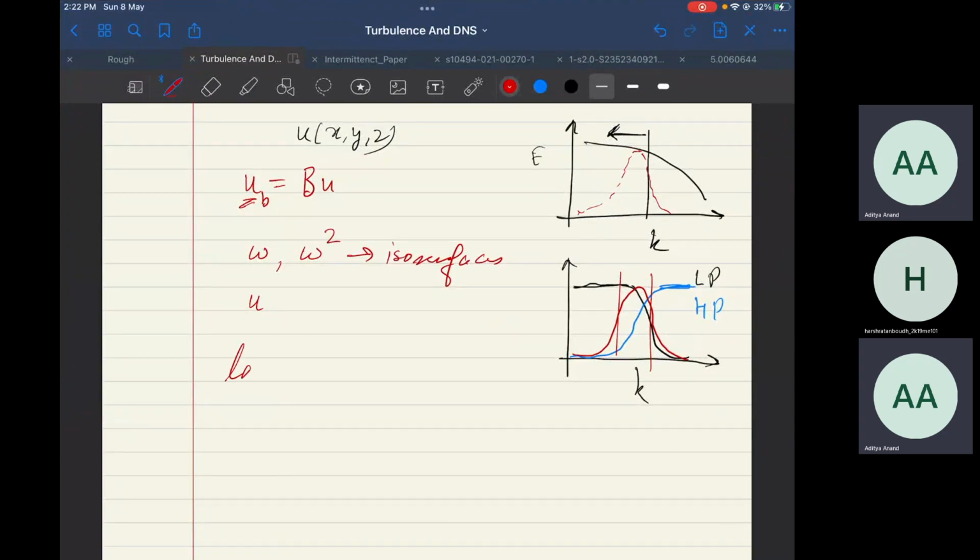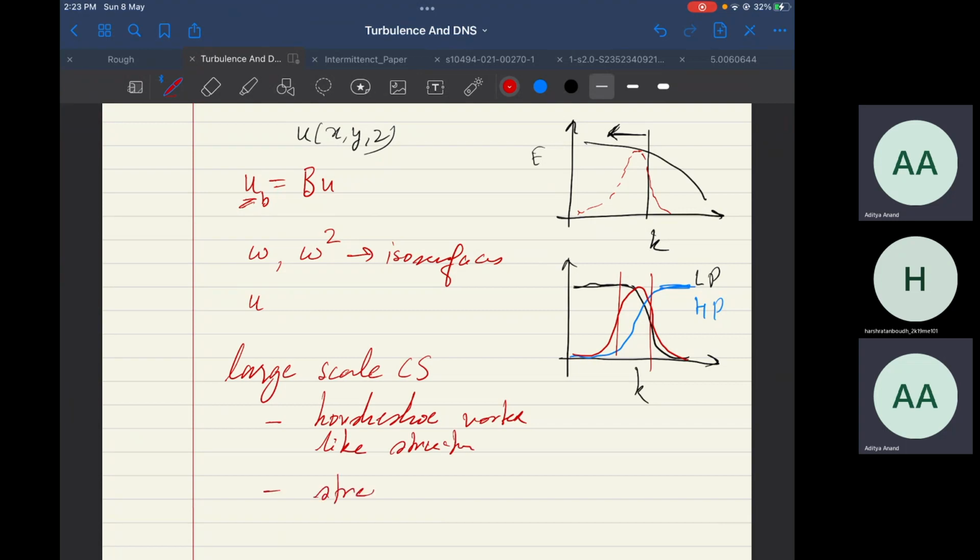So we have large scale coherent structures. These can be horseshoe vortex like structures. These can be streaks.